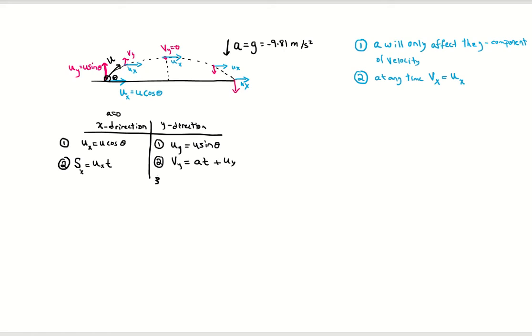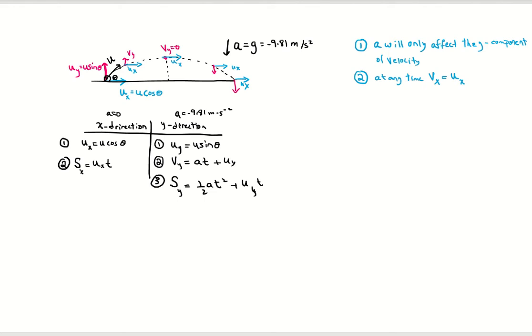And the third equation for studying the y direction of this motion is the displacement in the y direction, which is equal to half at squared plus uy t. Okay? So these are the equations where a is not equal to 0. In this case, a is equal to minus 9.81 meters per second squared.